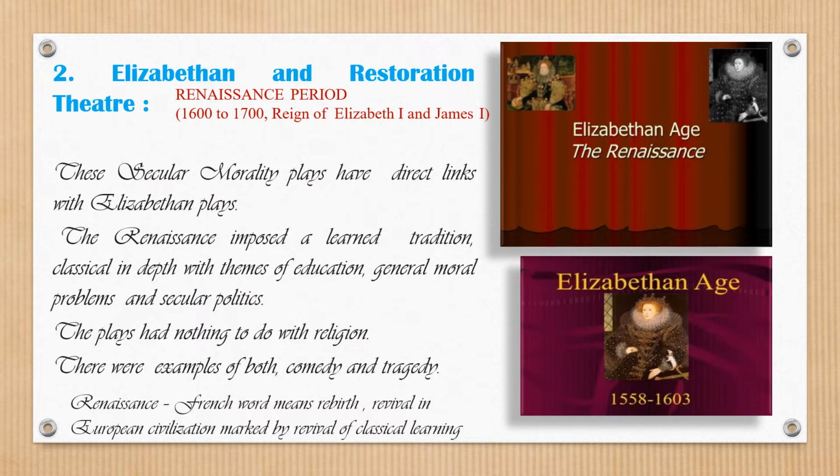The rulers imposed at this point of time that drama be based on the themes of education, general moral problems, and secular politics, that is, not religious politics. They had nothing to do directly with religion. There are examples of comedy and tragedy plays during this period.